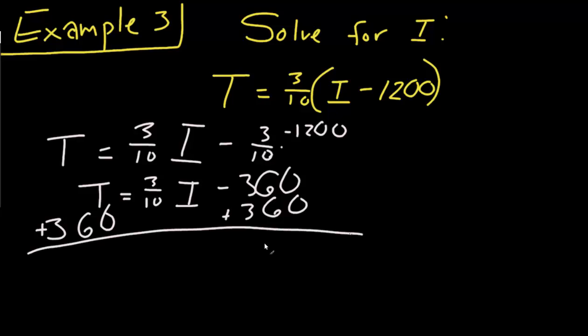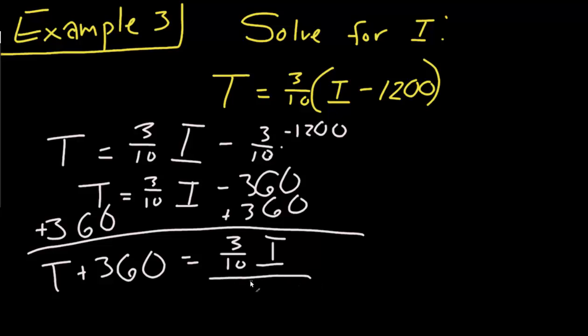What we're going to get is T plus 360 equals 3/10 I. And the last thing we're going to have to do is we can just consider dividing both sides by 3/10.